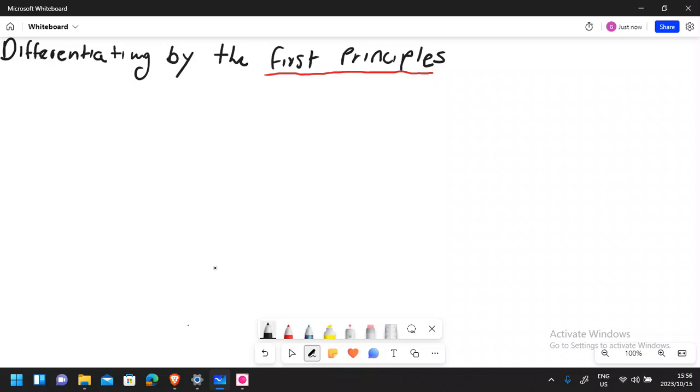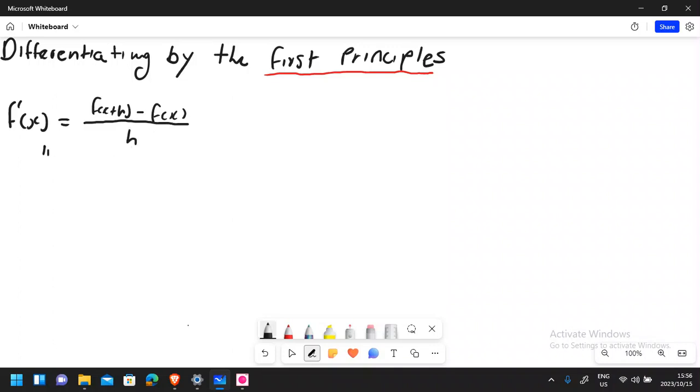Now when we differentiate by the first principle, there's an expression that we're supposed to use in order for us to do that. The expression that I'm talking about is as follows, which uses limits. f prime of x equals the limit as h approaches 0 of f of x plus h, minus f of x, divided by h.